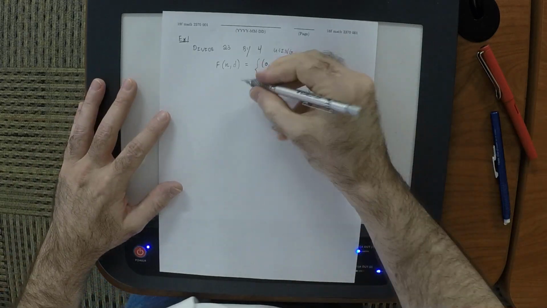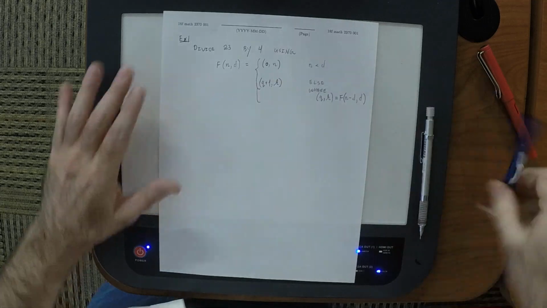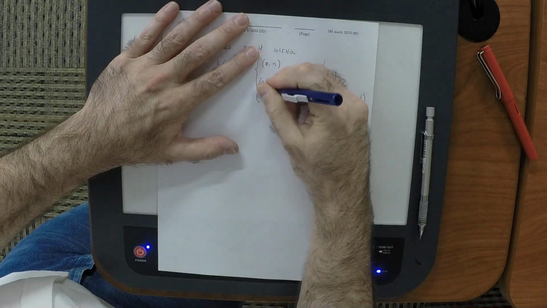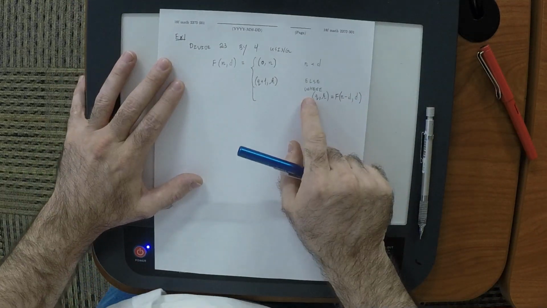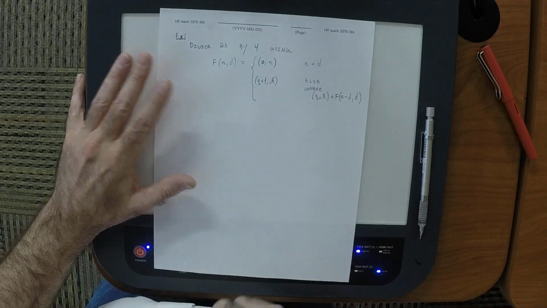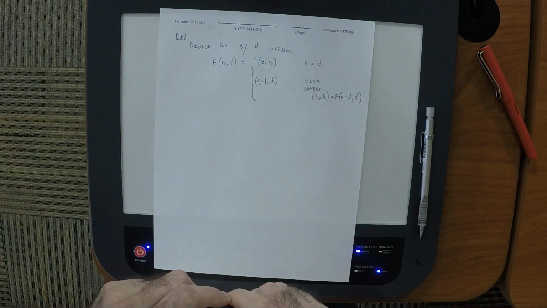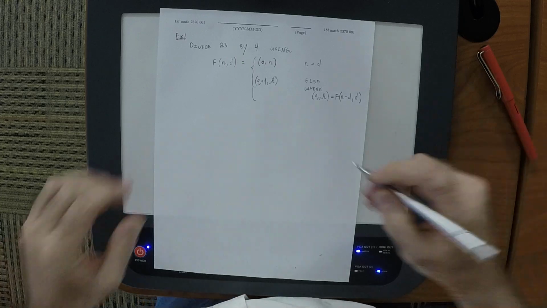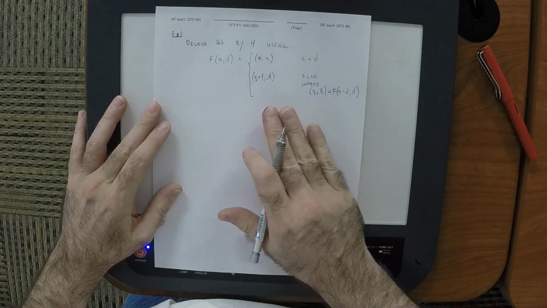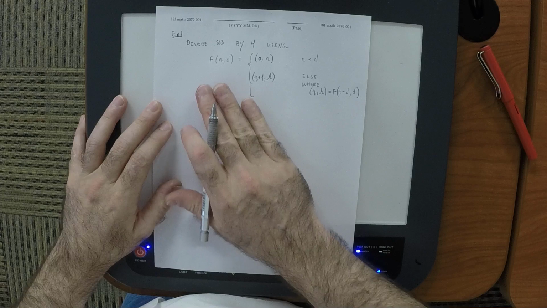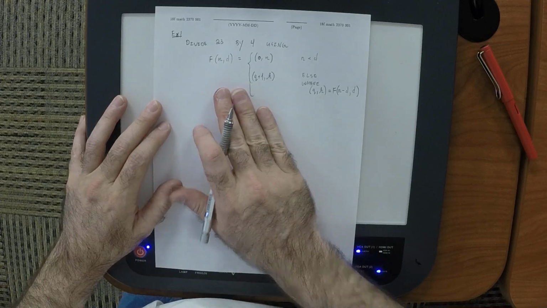All right, so this is the first time where we've ever had something like that. None of the other functions have had that. And what I want to emphasize to you is how this process works.